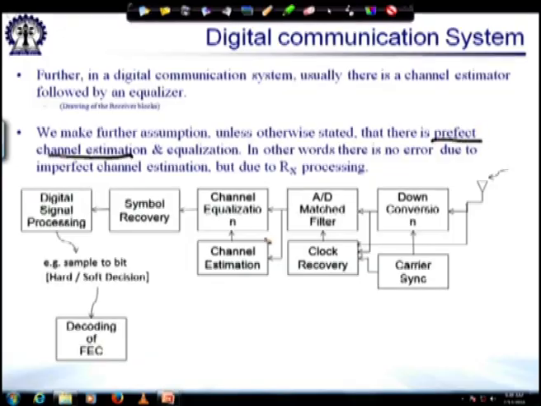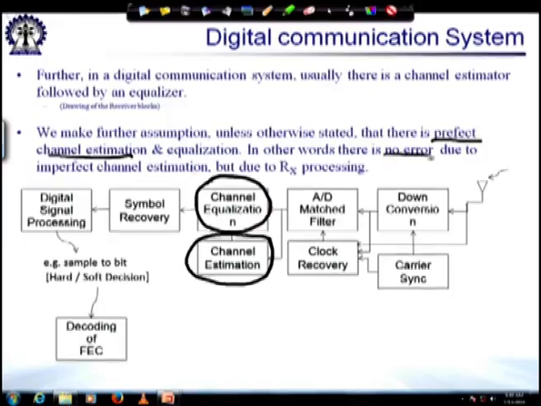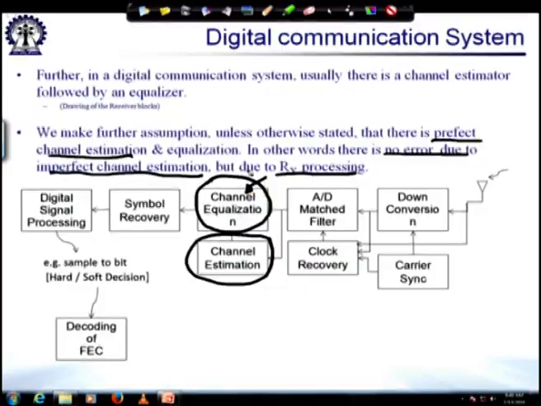What is meant by this is that channel estimation gets a perfect estimate of the channel, and channel equalization operates using these channel estimates. That means there is no error due to imperfect channel estimation, but only due to receiver signal processing, which could mean different algorithms of channel equalization, or different algorithms of symbol recovery or any other operation.